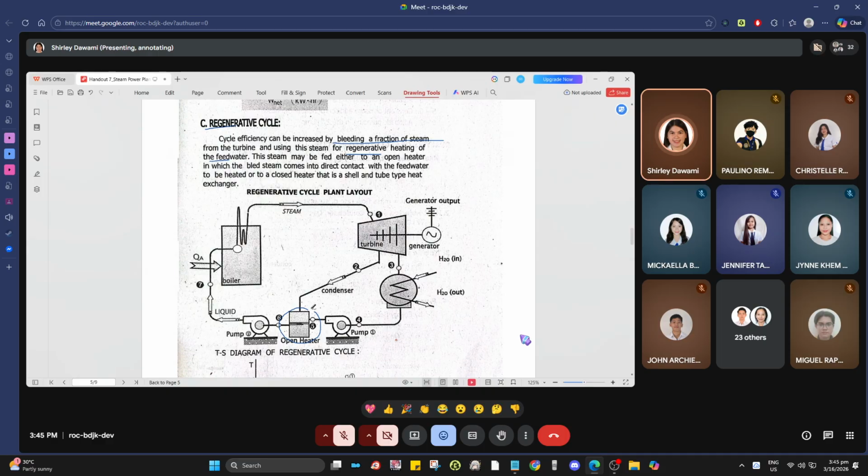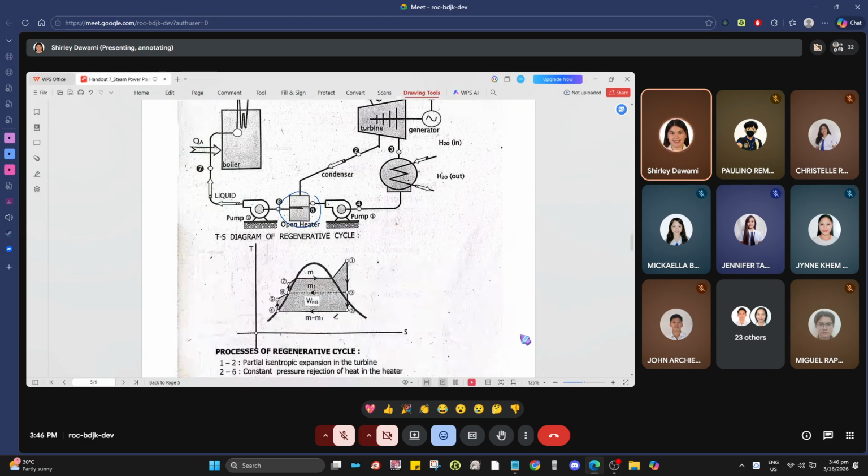It can be an open heater or a closed heater. The steam may be fed either to an open heater, in which the bled steam comes into direct contact with the feed water to be heated, or to a closed heater, which is a shell and tube type heat exchanger. But the commonly used one, I think, is the open heater.